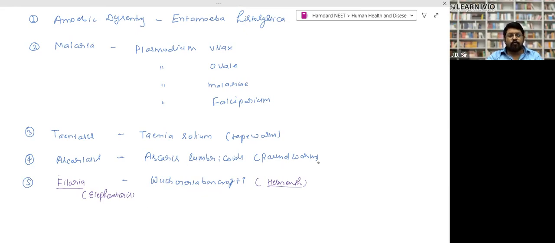Ascaris lumbricoides is a type of roundworm, right? Taenia solium is a tapeworm. It also belongs to Platyhelminthes. What is the phylum of Ascaris lumbricoides? Which phylum does it belong to? Tell me. This one, Ascaris lumbricoides, roundworm.